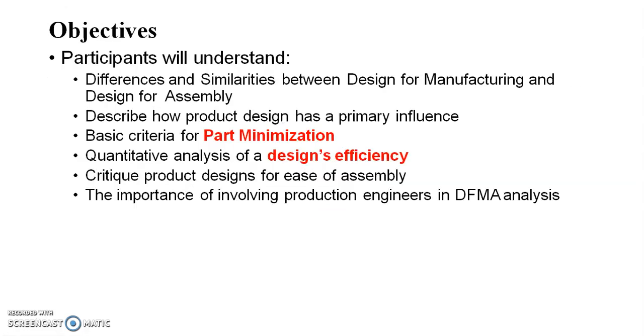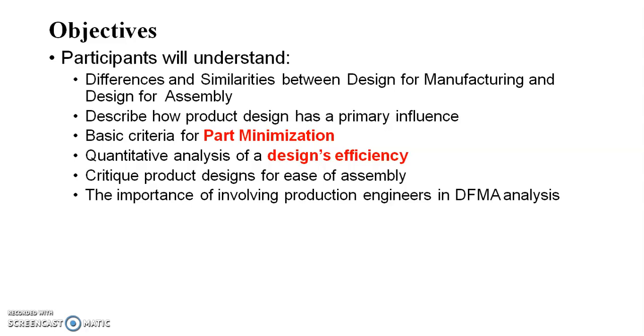Now what will be the objectives? What will participants or students understand by considering this concept? The differences and similarities between design for manufacturing and design for assembly will be easily understood. Then, describe how product design has a primary influence.